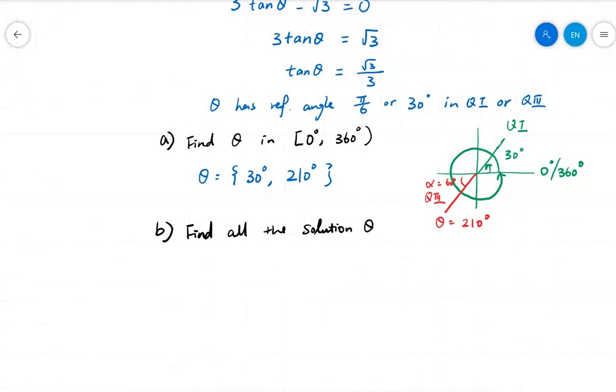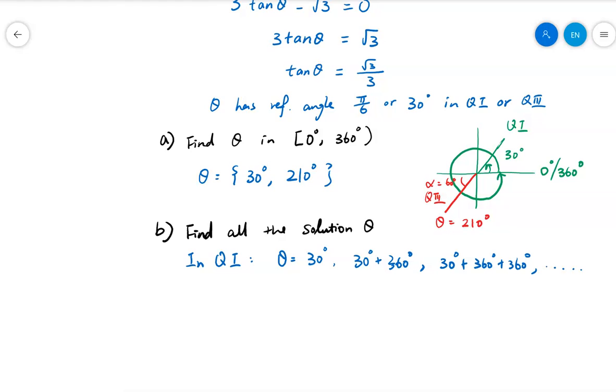So I can still break it down into 2 sections. The first section is in quadrant 1: my theta can equal 30 degrees, or 30 degrees plus 360, or 30 degrees plus 360 plus another 360, and continue.